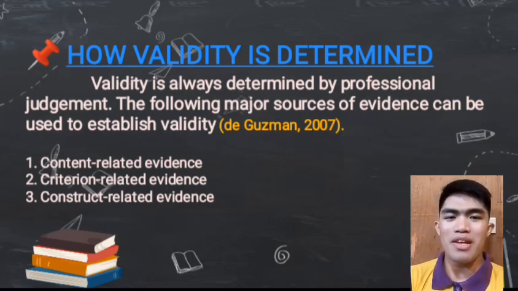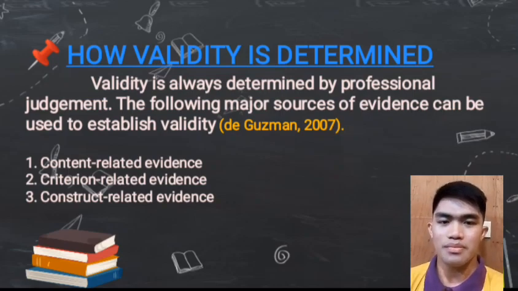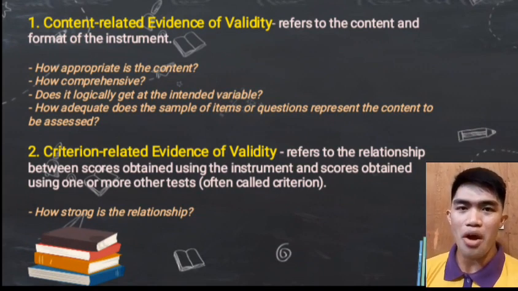These are the major sources of evidence that can be used to establish validity, according to De Guzman 2007. First, content-related evidence. Second one, criterion-related evidence. And the last one is construct-related evidence.